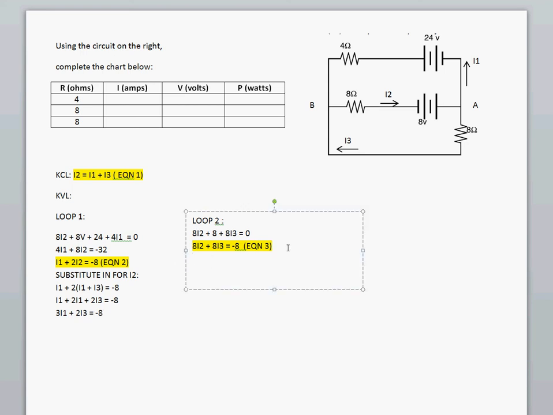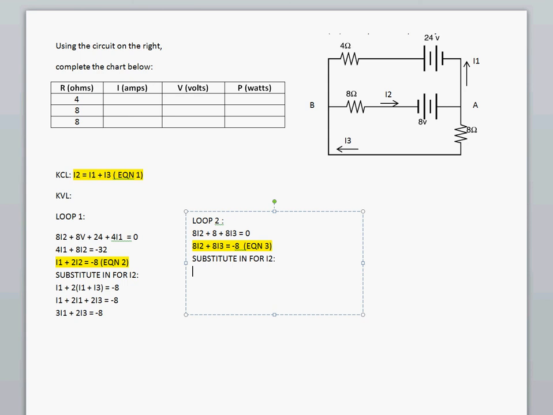Now, if I look at my loop 2 equation, and again I'm going to substitute in for I2. Again, I'm getting it from equation 1.